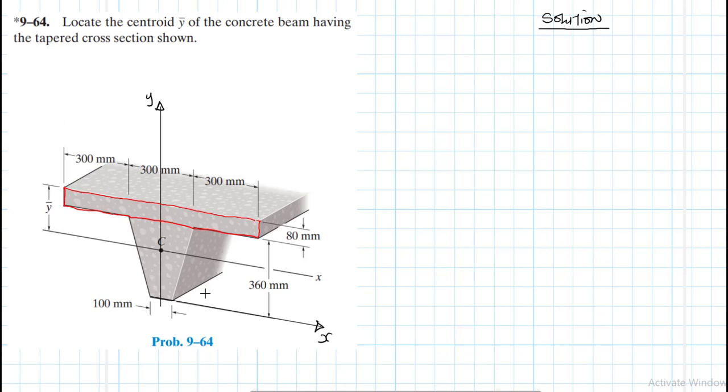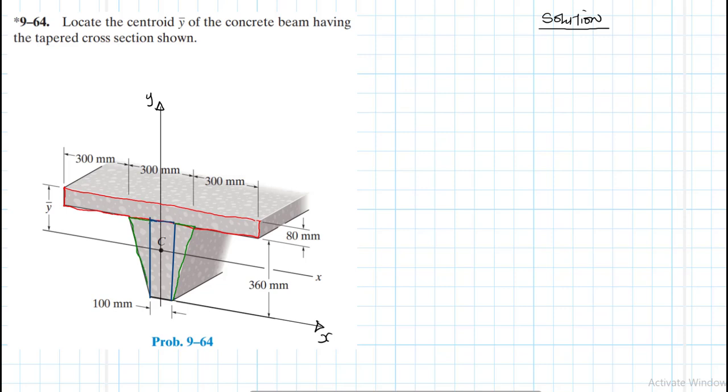Then I'll have two more parts, this one and this one, and these two are right angle triangles, and they are the same.